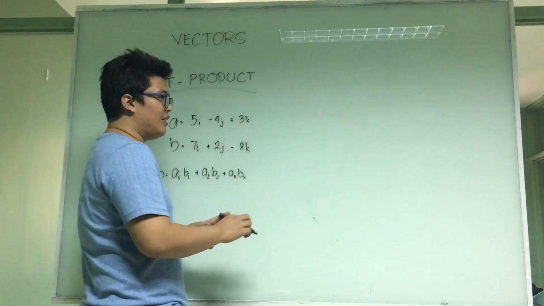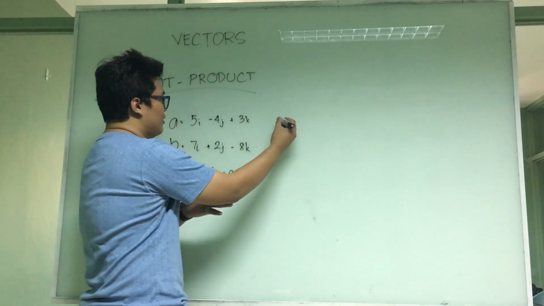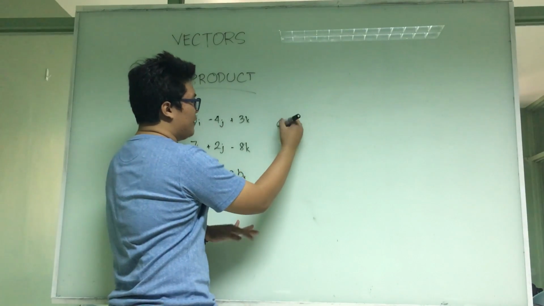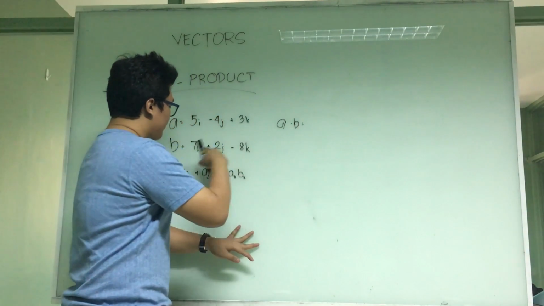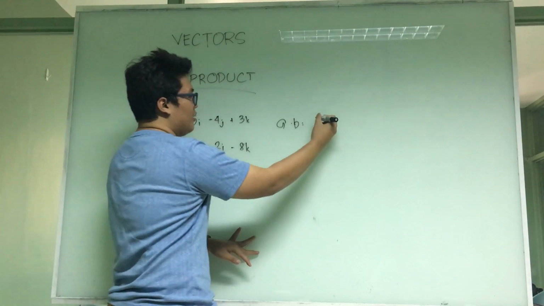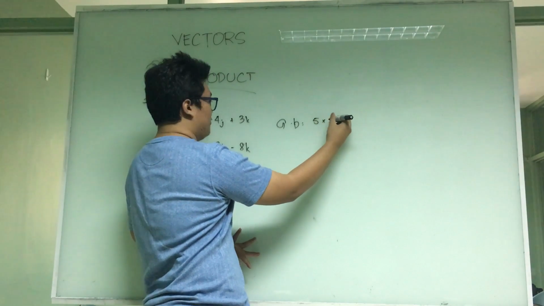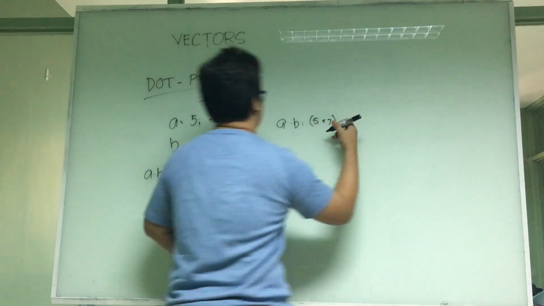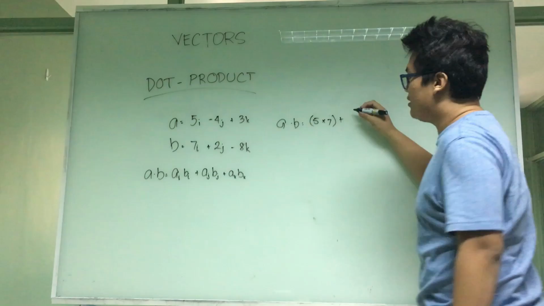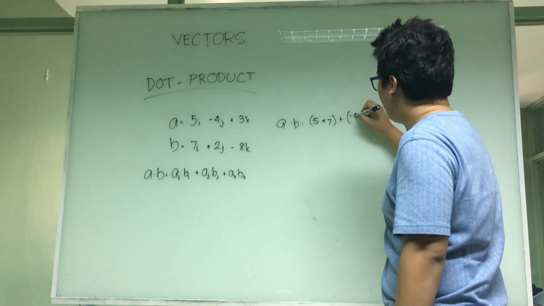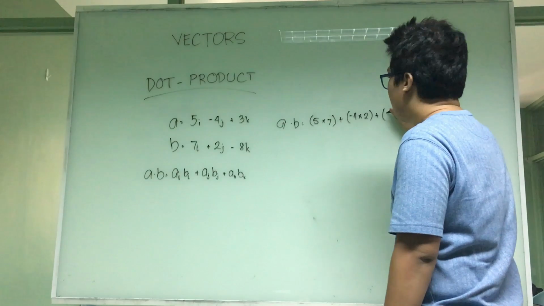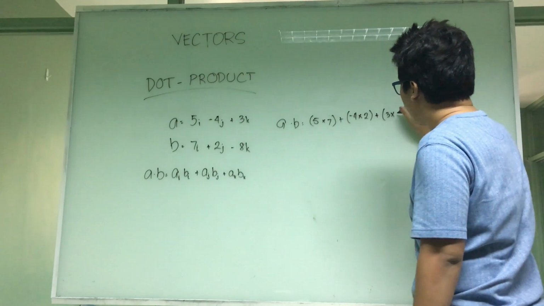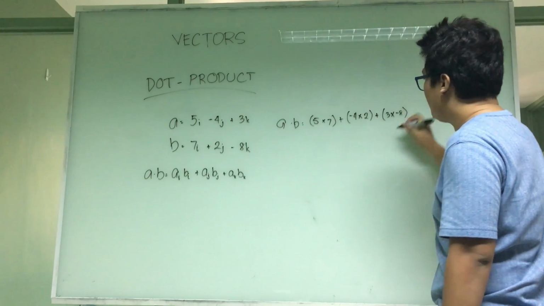So here's another example of dot product. To find the dot product of two vectors, we're going to need to multiply 5 times 7, plus negative 4 times 2, plus 3 times negative 8.